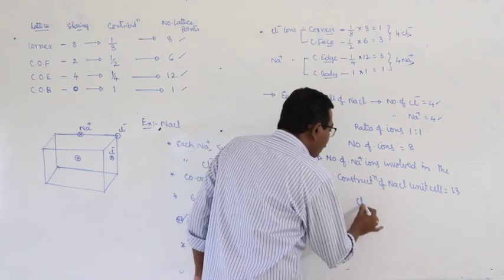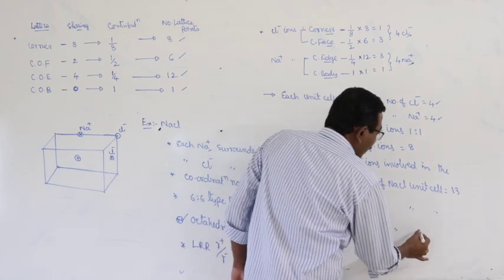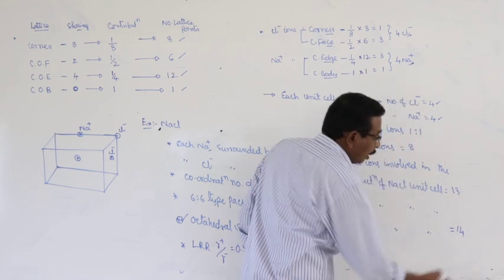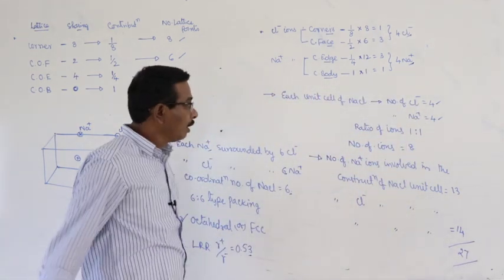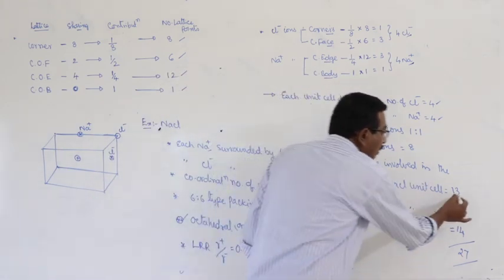Number of Cl minus ions involved in the construction of NaCl unit cell is equal to 14. Total number of lattice points is equal to 27. Number of Na plus ions involved in the construction of unit cell is equal to 13.